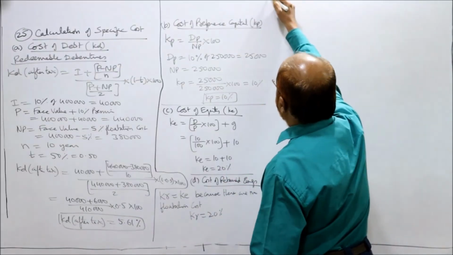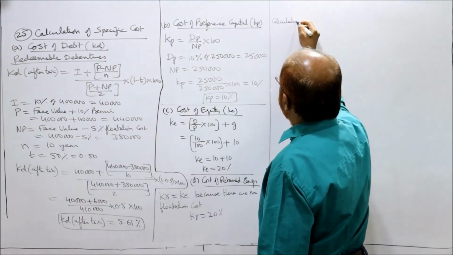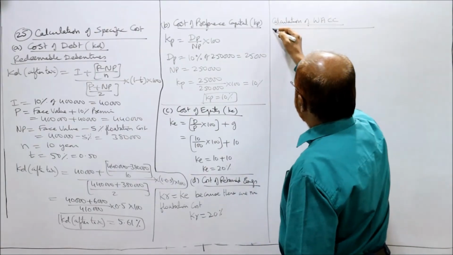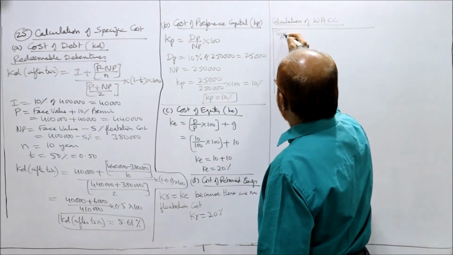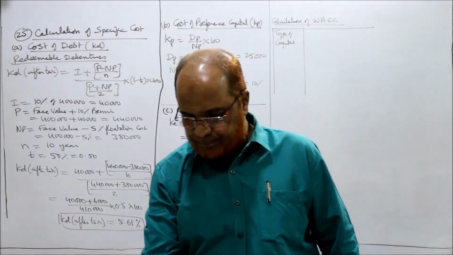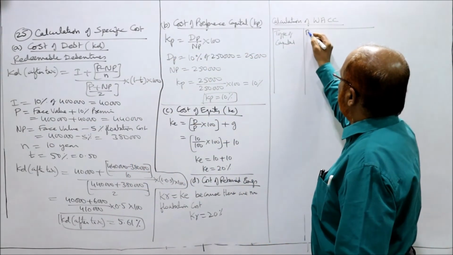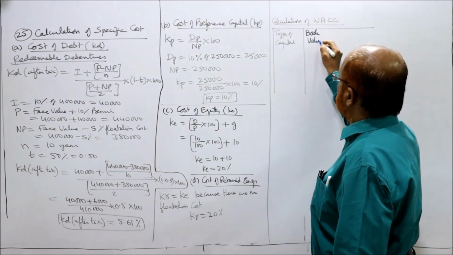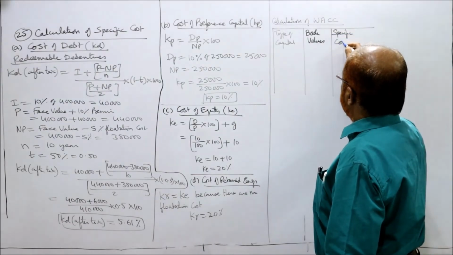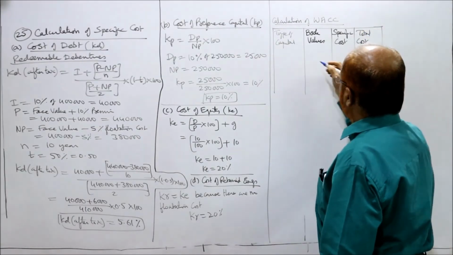Now ultimately we have to find out the WACC. Type of capital, book values, specific cost, total cost.